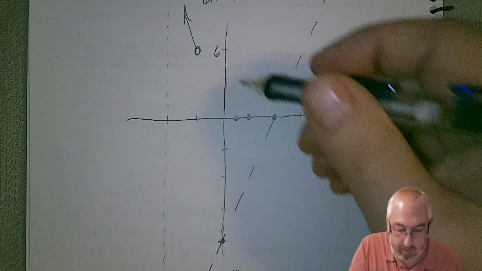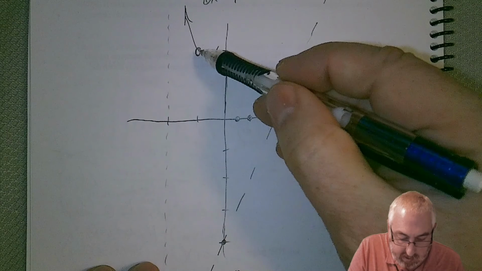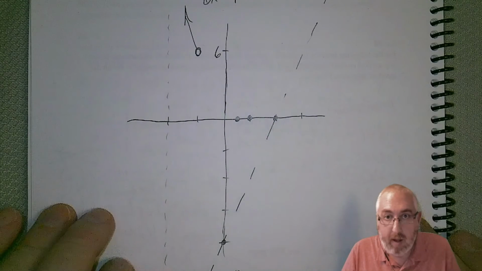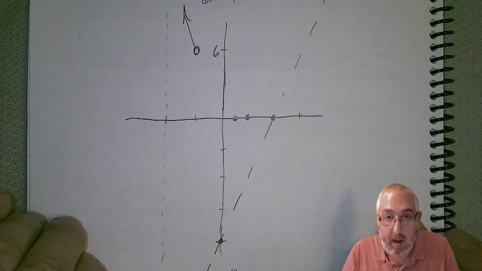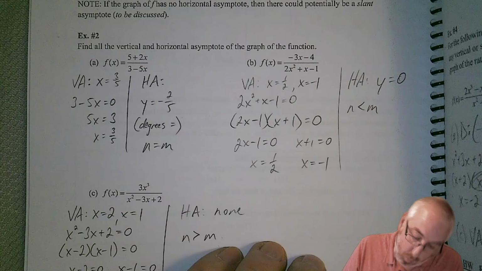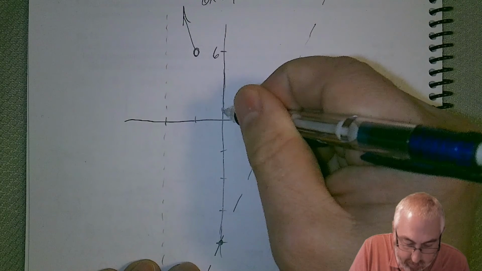And so now we have to find out what's happening in here. I'm almost thinking it's going to cut through and hook up. Now the one thing we didn't write down was the y-intercept. The y-intercept was 1/2, so somewhere in here.